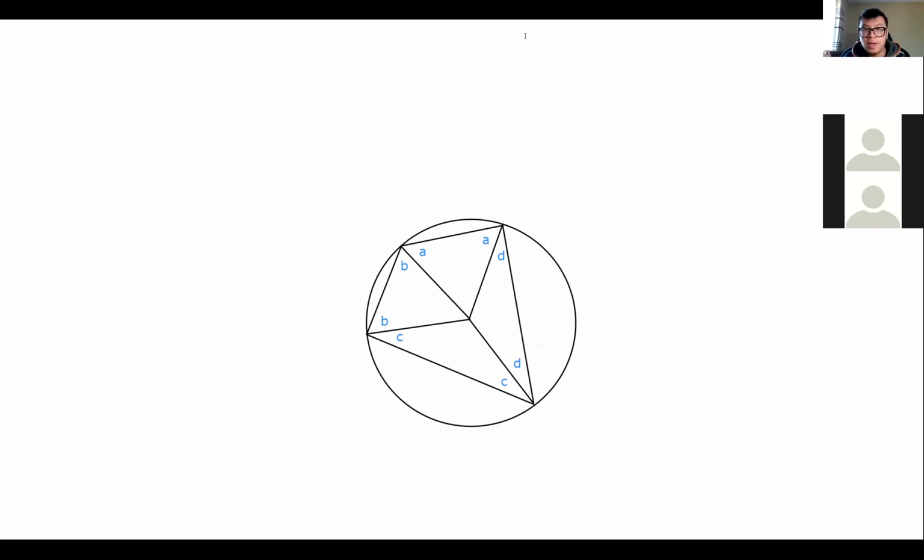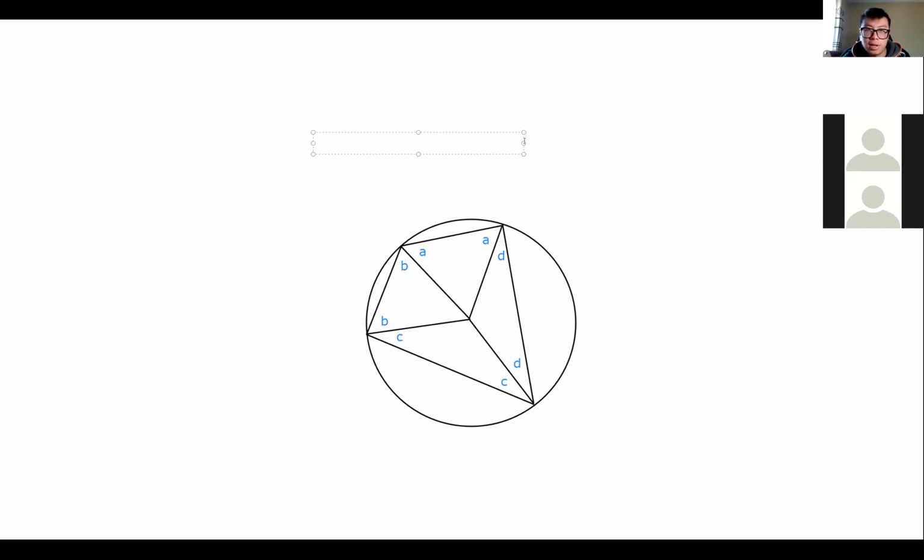Now let's make an equation for these angles. The angles in the quadrilateral have to add up to 360 degrees. Any shape of 4 sides, that's a quadrilateral, the angles inside have to add up to 360 degrees.